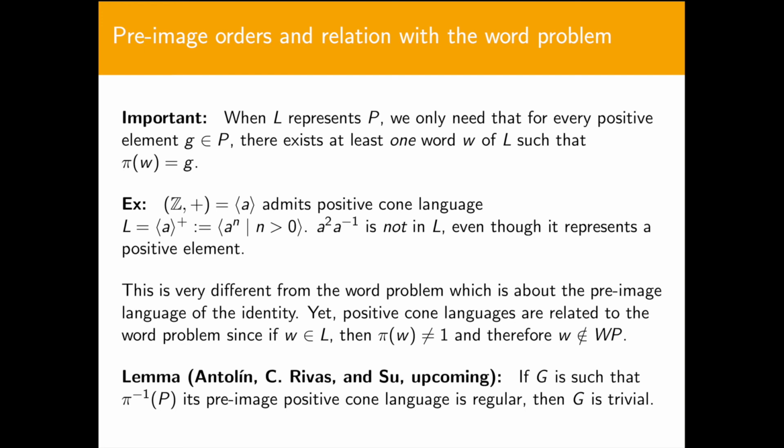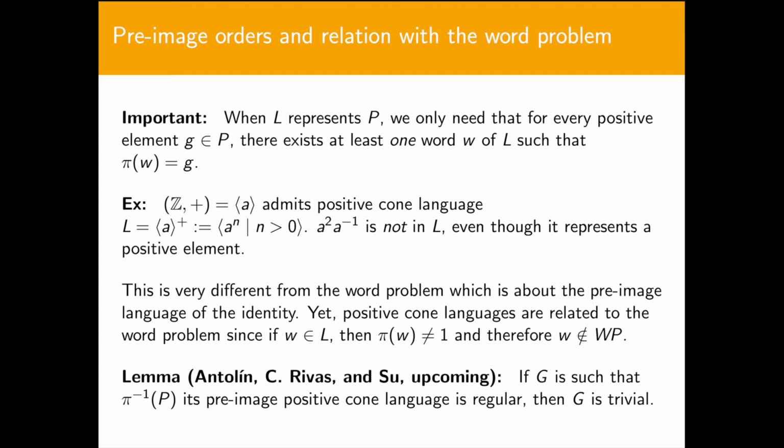So A squared A inverse is not in this regular language for P_A, even though it represents a positive element. This is very different from the word problem, which is about the pre-image language of the identity. So all the words map to the identity.